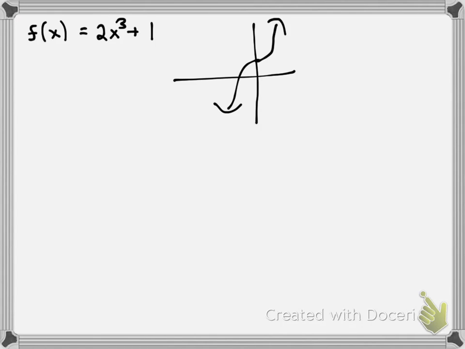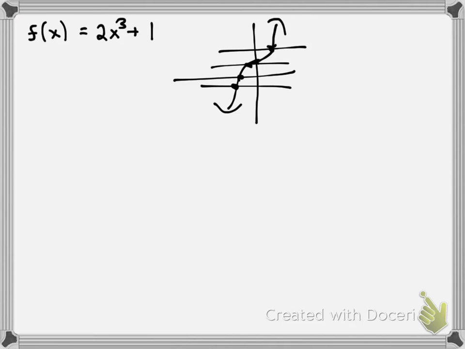Remember, we use the horizontal line test to determine this. If I draw a bunch of horizontal lines, notice that every single horizontal line only intersects at one point on this graph. So in fact, this graph's inverse will be considered a function, which is good.